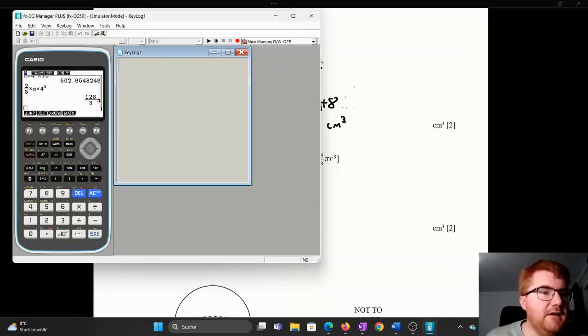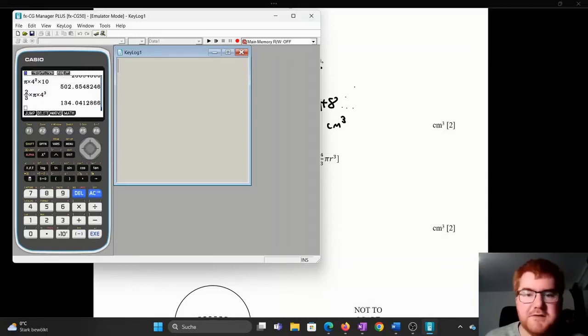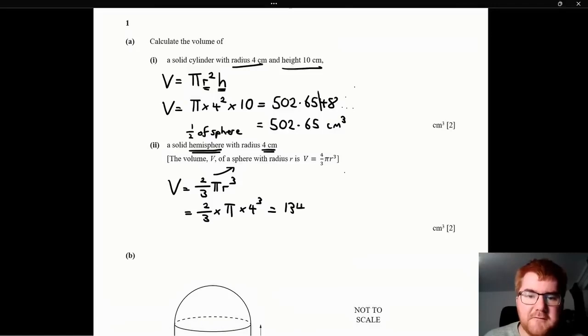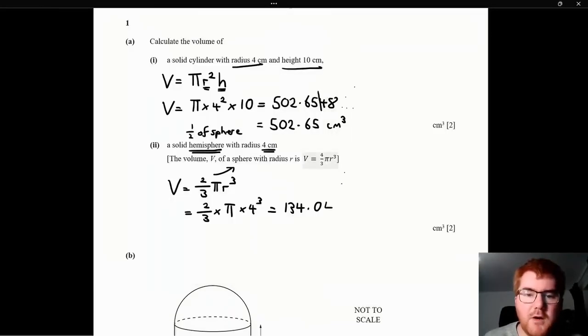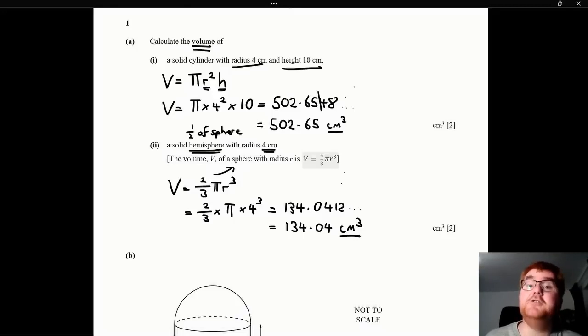That gives us something in terms of pi, but we can press SD and we work out 134.0412. And if we then round that, of course, to 2 decimal places, we get 134.04 cubic centimeters. Notice both questions are volume, so therefore we need cubic centimeters as our unit.